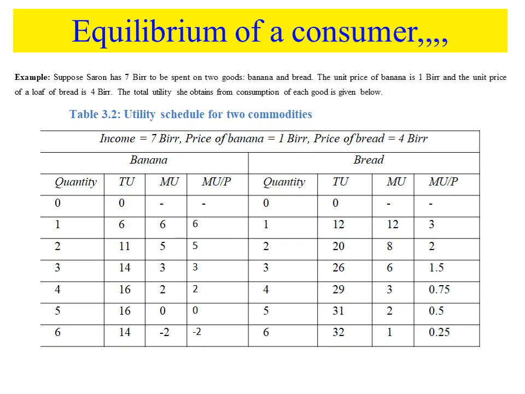You can get it from our table. On our table, we have to see where we can get the combination of the two goods that makes equal to our budget amount, that is 7 birr.